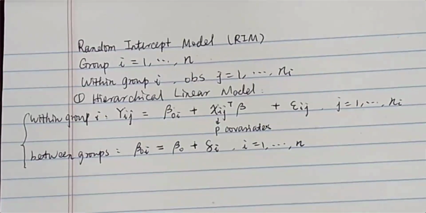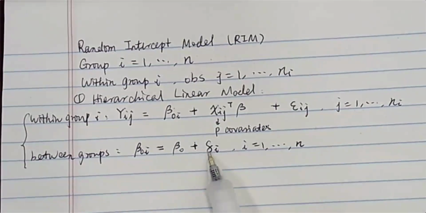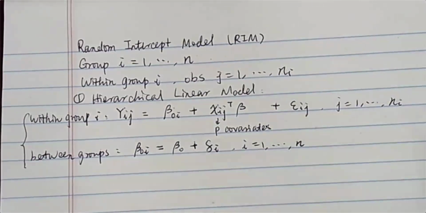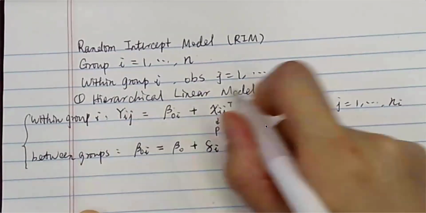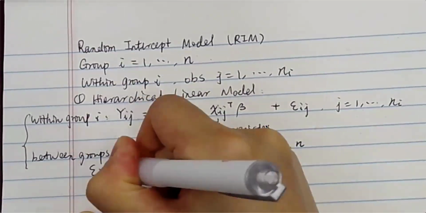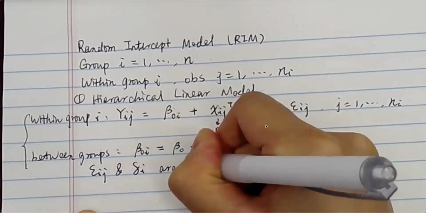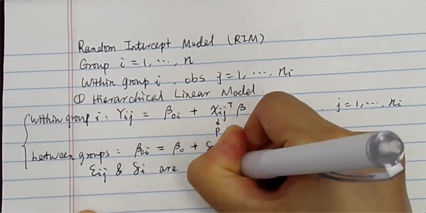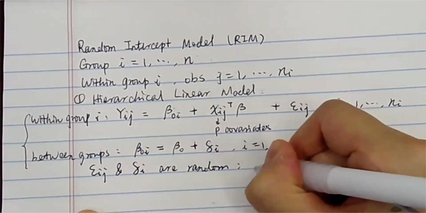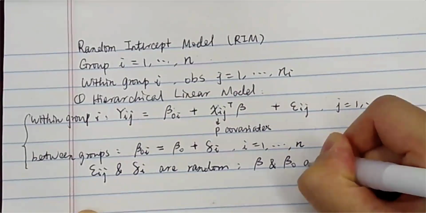So far, I haven't really written down the distribution of epsilon_ij and delta_i. But basically, in this 2-layer model, epsilon_ij and delta_i are random, and beta and beta_0 are fixed.